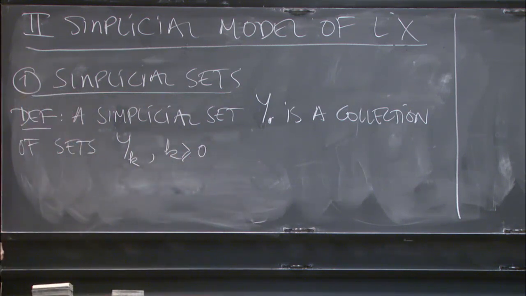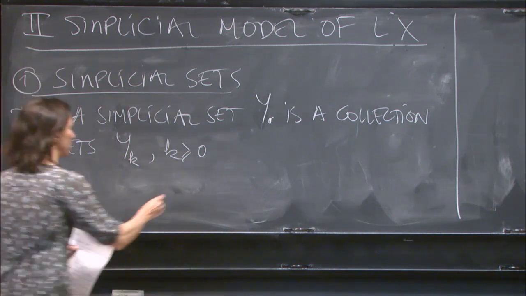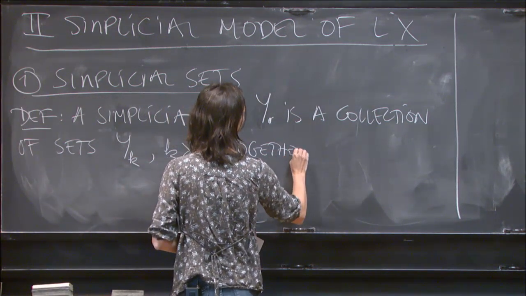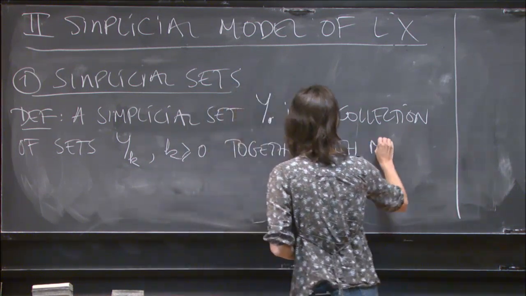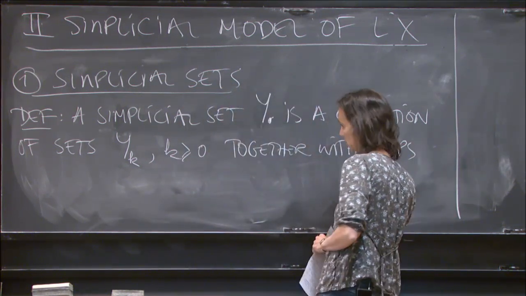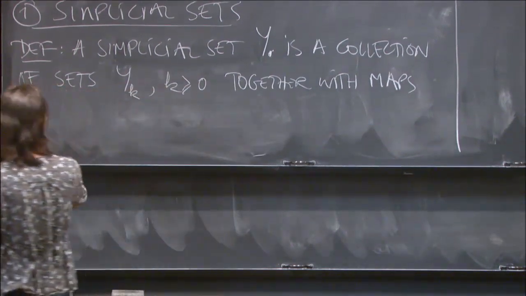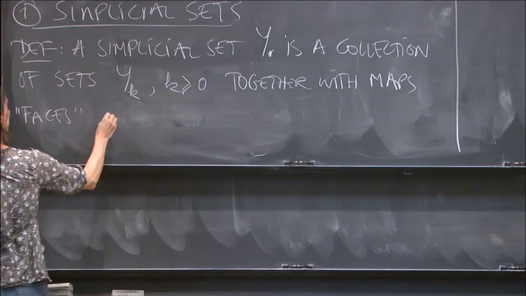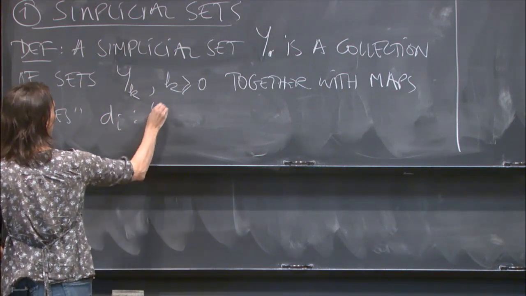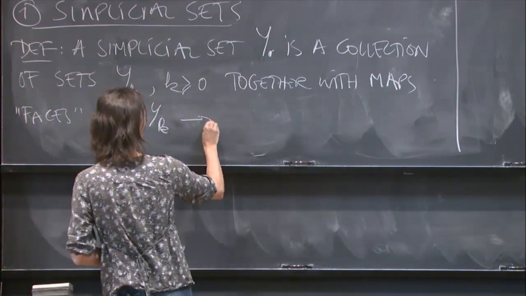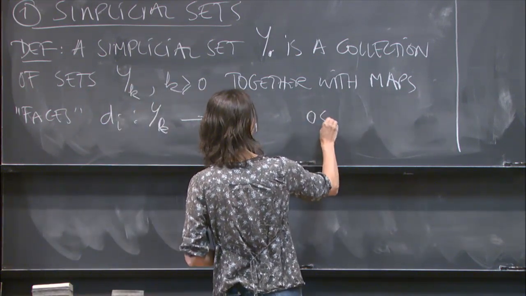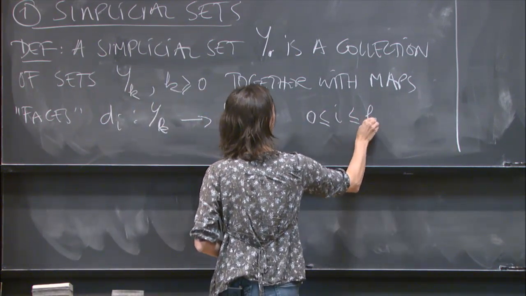So for every natural number I want a set, together with maps. There are two types of maps. There are the so-called face maps, d_i from Y_k to Y_{k-1}, one for every i between 0 and k.